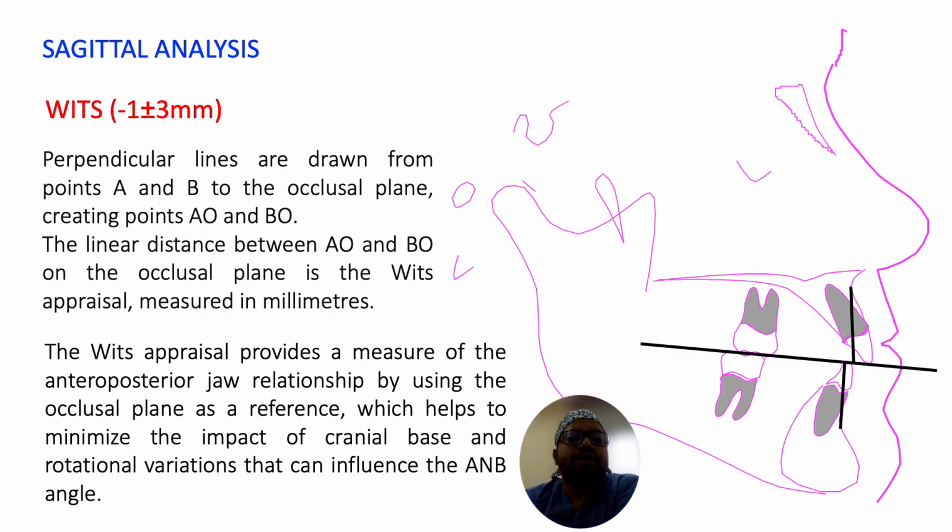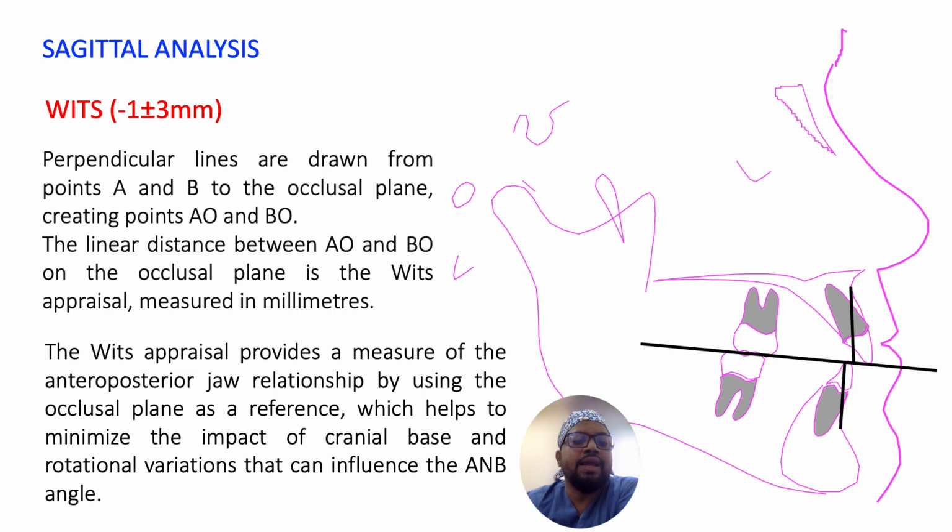Moving on to width analysis. You already know the occlusal plane. From point A to the occlusal plane, a perpendicular line should be drawn, and similarly from point B, a perpendicular line should be drawn. The distance from AO to BO in millimeters is the width analysis. It is very important to understand the lower incisor position.